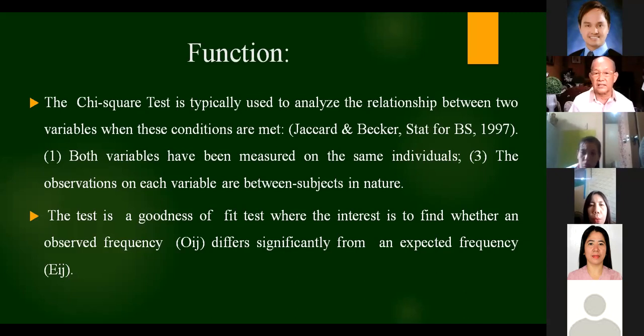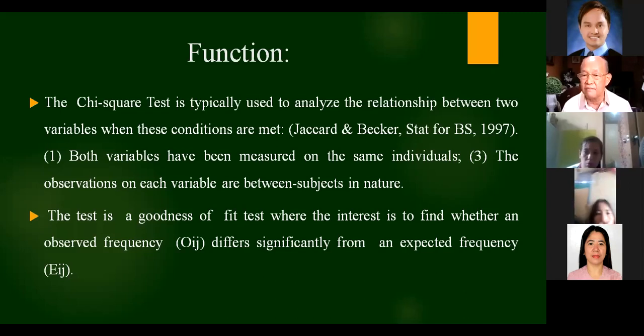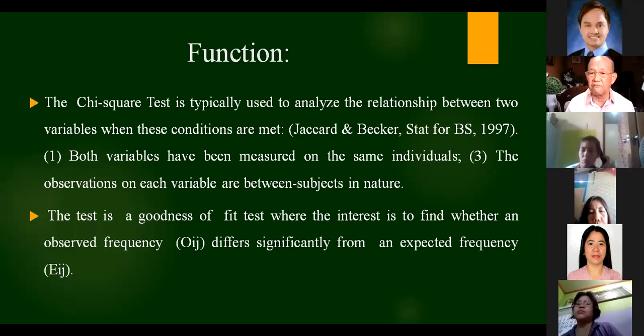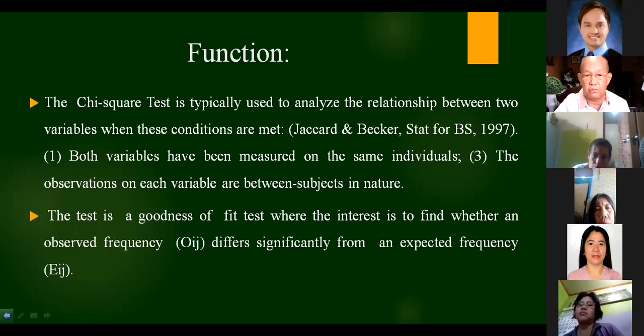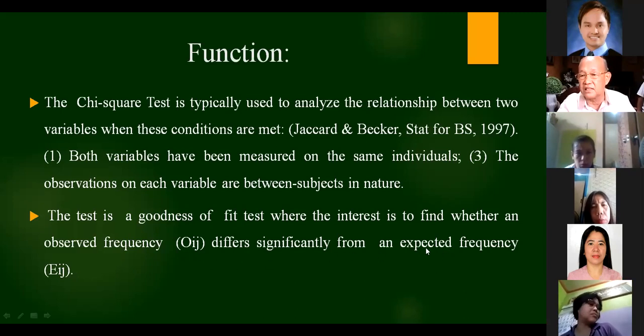Essentially, a chi-square test is a goodness of fit test, where the researcher may analyze the significance of differences between a set of observed frequencies, oftentimes referred to as OIJ frequencies. Observed, meaning data drawn from your questionnaire or from your respondents. And then you assess it in the light of a set of expected frequencies, more popularly called EIJ.